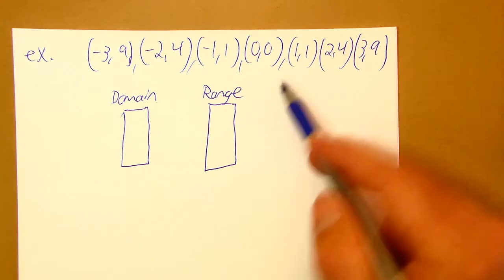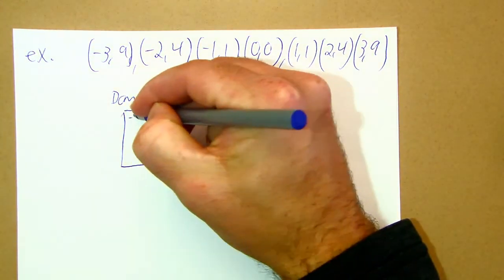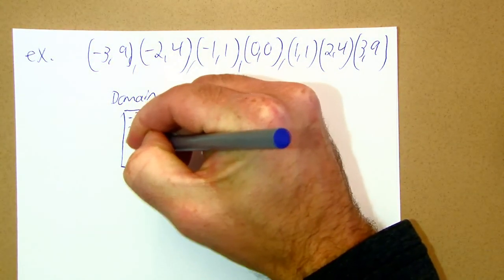So again, your domain is your x values. All your x values are different here. You got -3, -2, -1, 0, 1, 2, and 3.